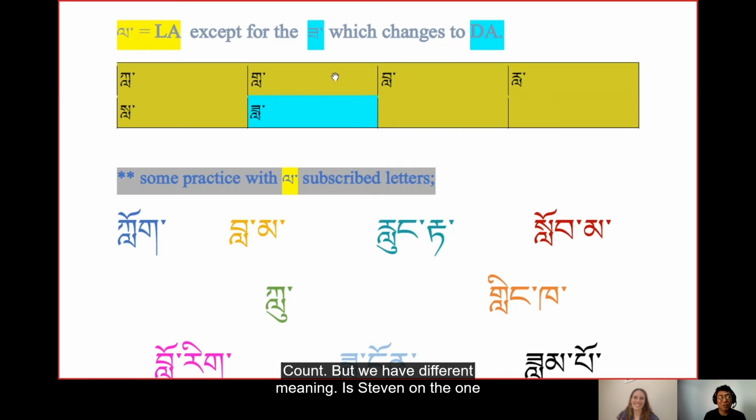It depends on the context when we're speaking. This la means dear, and this la is something like great, precious. We also use this spelling when we write the names of Tibetan lamas.